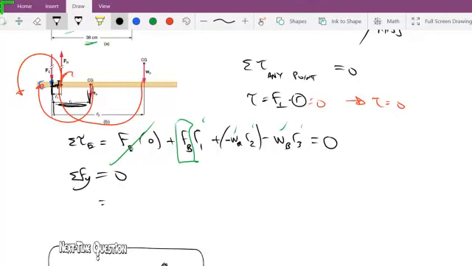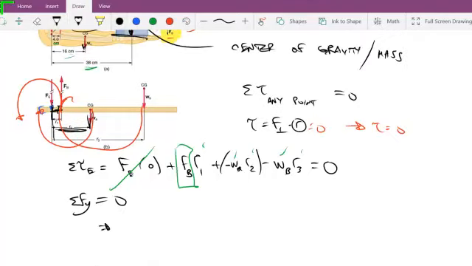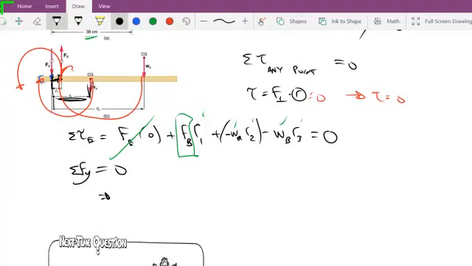So the bicep force minus the weight of the arm minus the weight of the book minus the elbow force is equal to 0. Now that we have the bicep force, and we're given the weight of the arm and the weight of the book, we can find the elbow force.